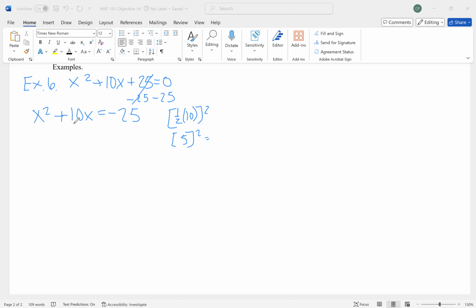I'm going to use that coefficient of x, that 10, to plug it into here. 1/2 times 10 squared is going to be 5 squared, which is going to be 25. So I'm going to add that 25 in on both sides.